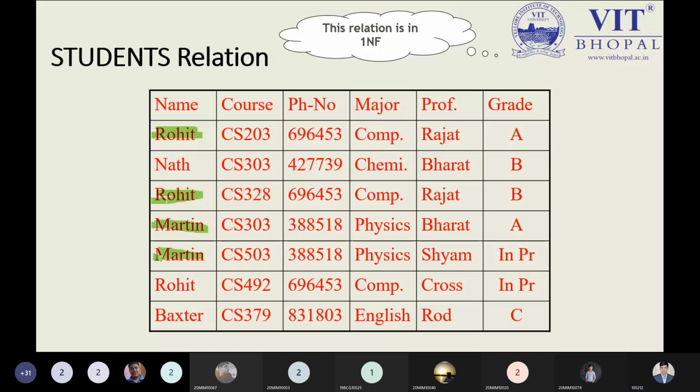You're talking about the course, so 203 is coming a single time, but 2303 is coming two times. So here we have duplicacy in such records on such attributes. Phone number, of course, Rohit is also coming many times, so it also has duplicacy. Martin also has duplicacy, so this is also the same.